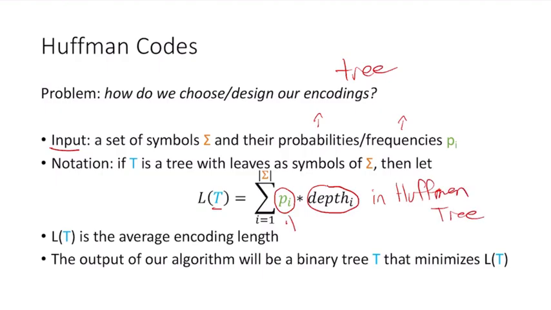So this is something we have as input, and this is something that we will construct. We'll construct that tree. So what does that make L(T)? That's the average encoding length for all symbols. And what we're trying to do is output the tree T that minimizes L(T), the average encoding length.